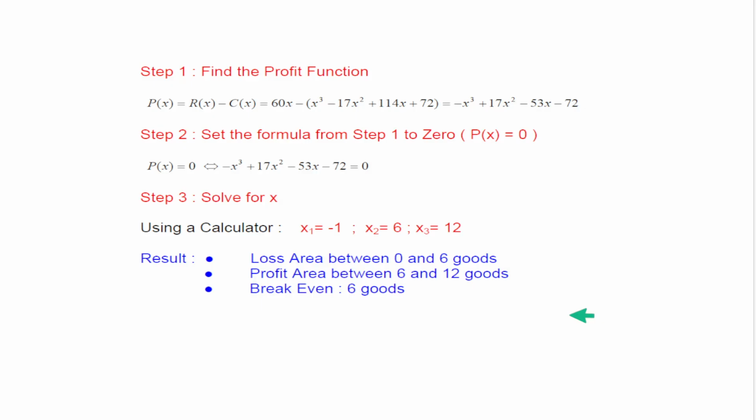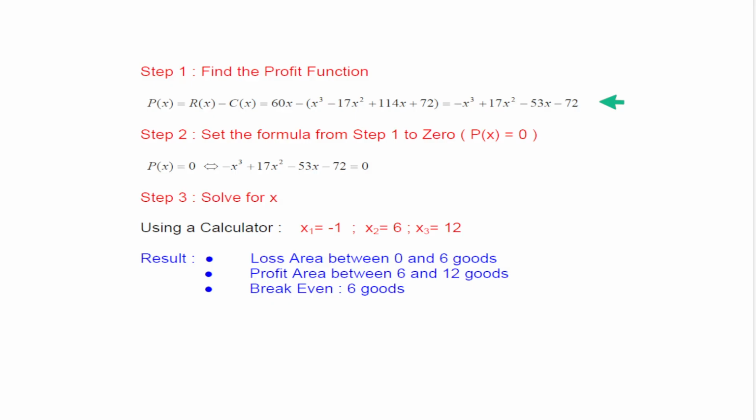The first step is to find the profit function. We have seen that profit is the difference between revenue and costs. So, if we define P of X equals R of X minus C of X, then you can see the result in this function here.